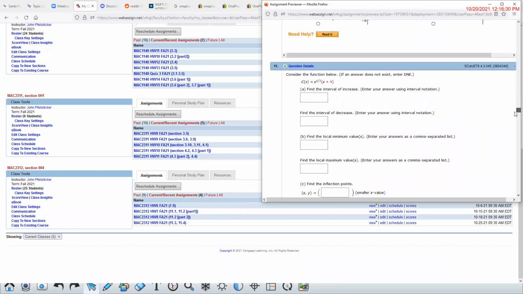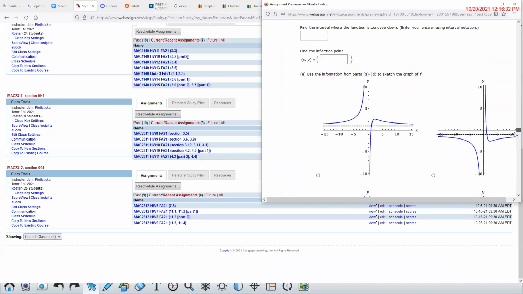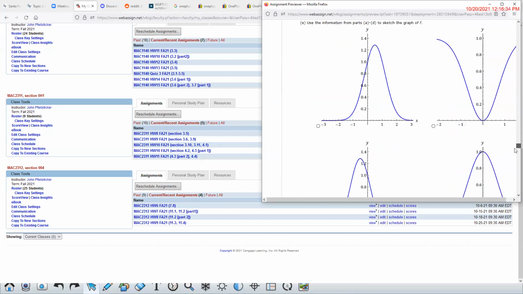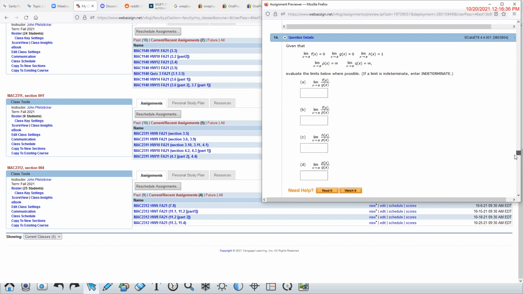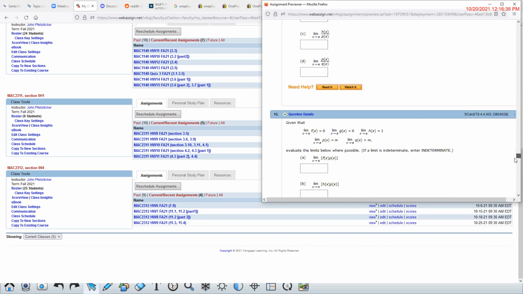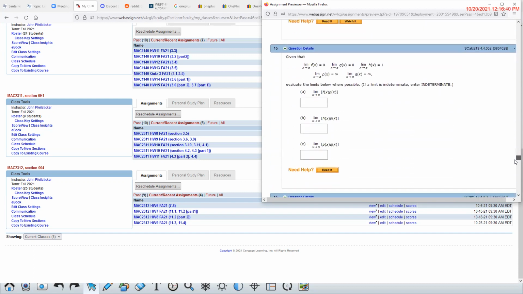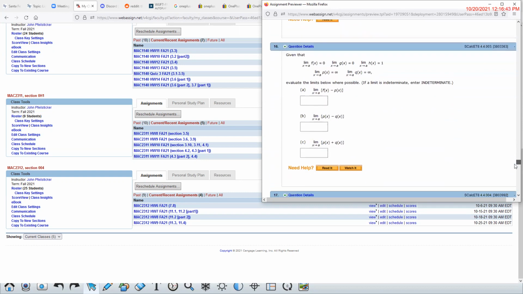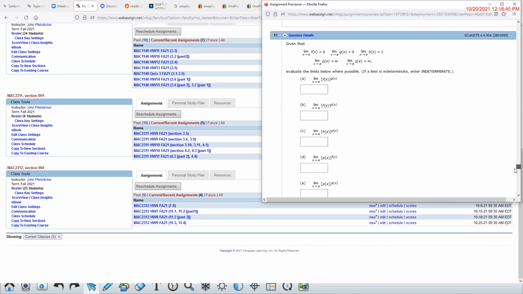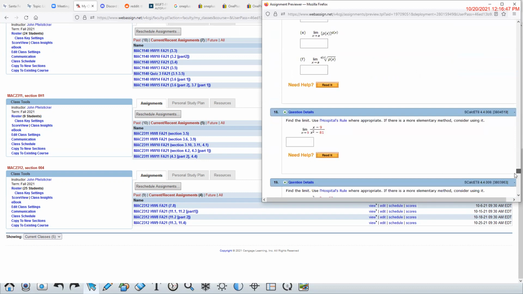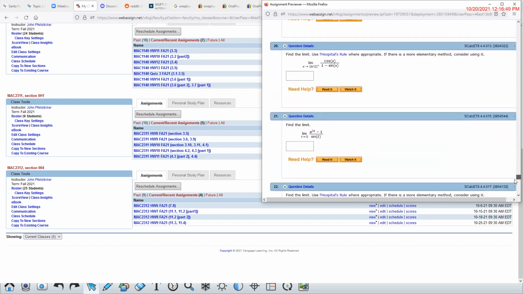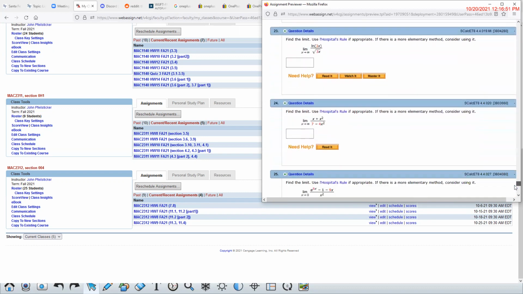So at this point, here we go. So yeah, this stuff, no problem. This stuff, no problem. No problem, just definitions. Where do we run into trouble?